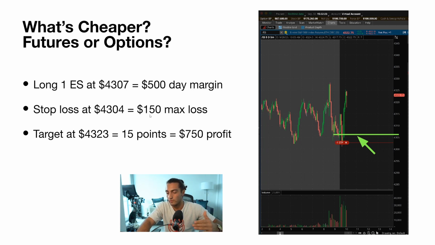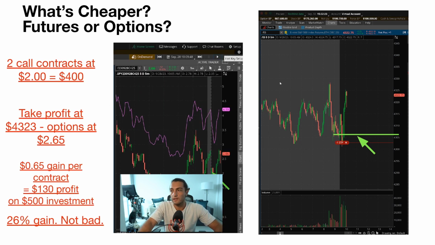I was only risking 150. In this case, on the option, right? I put up $400 at the $2, and I made a 65-cent gain per contract on the options, which is $130 profit on a $400 investment. 26% gain, not too bad.